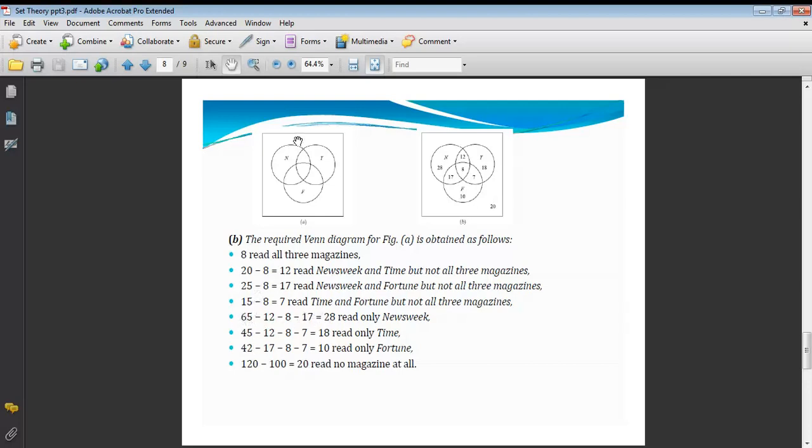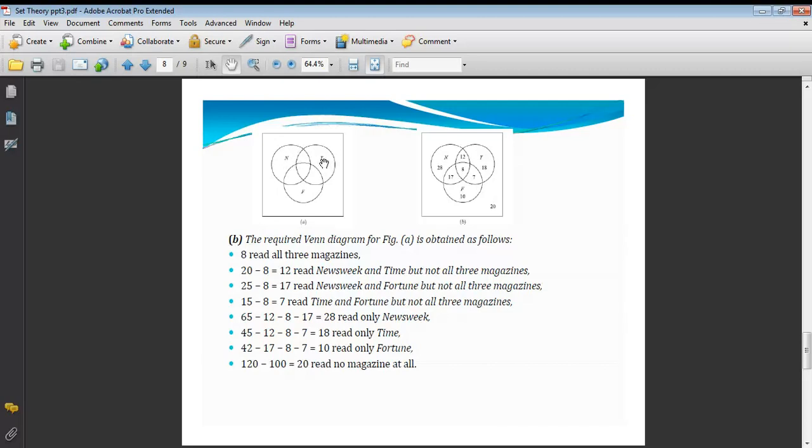This is 65, the number of Newsweek readers, minus 12, the Newsweek and Times readers, that part given here as 12. This common part is 8 and that part is 17. So out of this 65, you have removed this 12, this 8 and this 17. So only 28 people read only Newsweek.